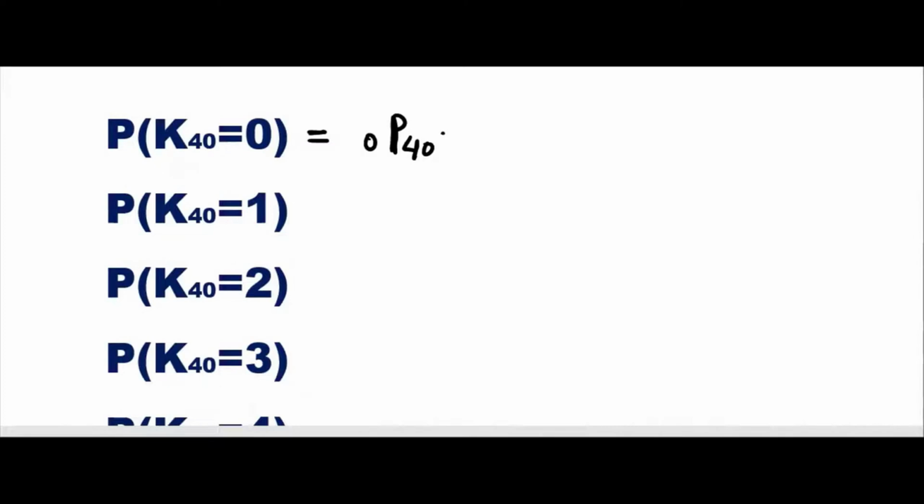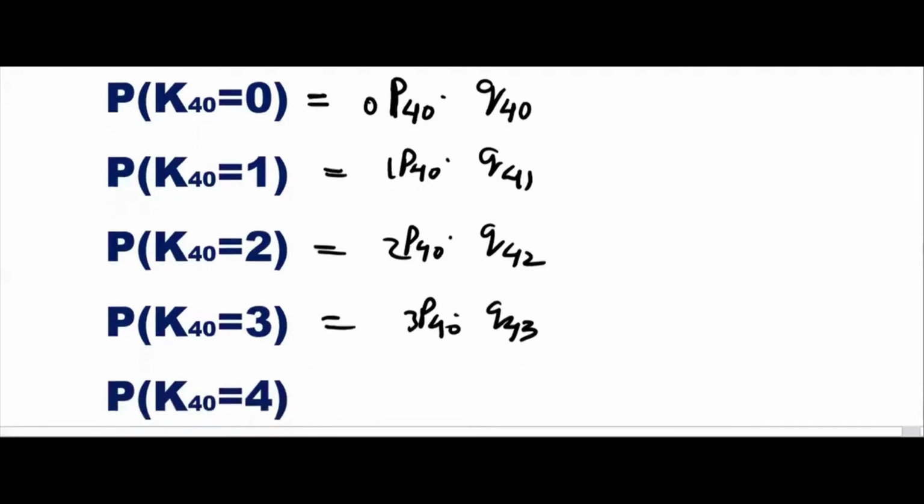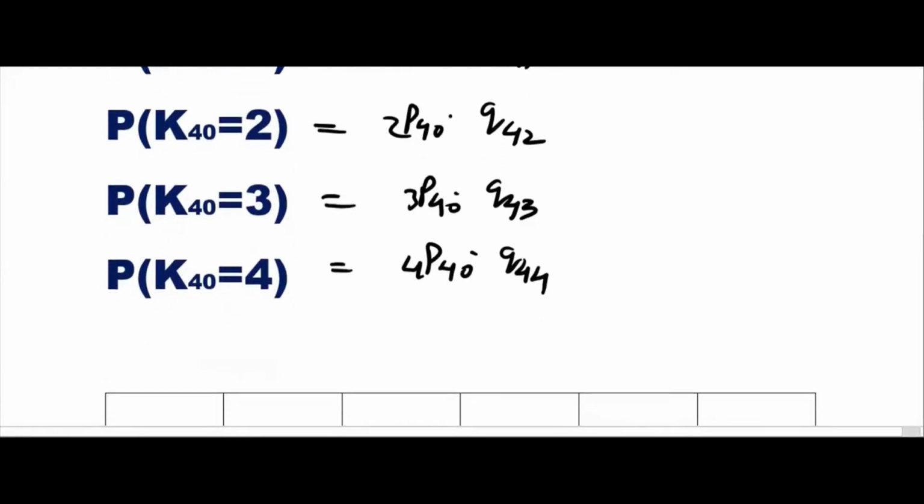40, 0, Q40. This is P41, Q41, P42, Q42, P43, Q43. 100 times you will write these things later. P44, Q44. That's all.